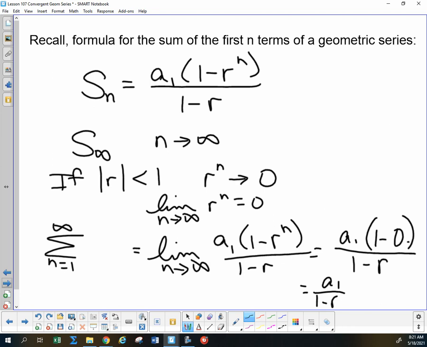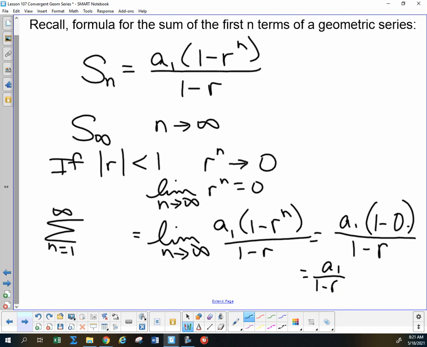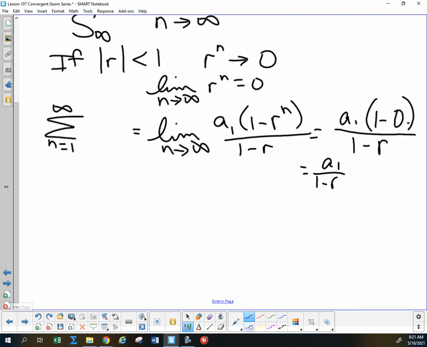And if we did that for our fraction series, the half plus a fourth plus an eighth that we just did with the square that we divided into different squares and rectangles, that would become a half for the first term over 1 minus a half for the common ratio.